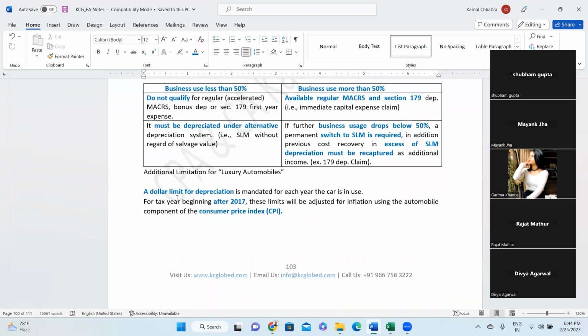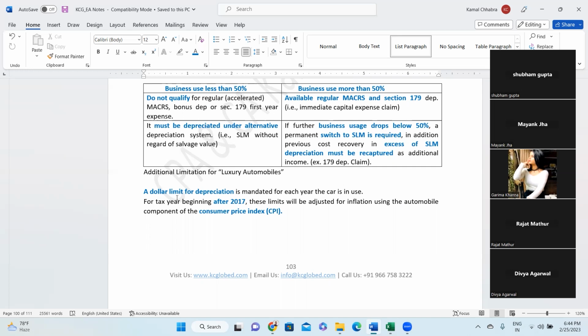Second thing is, it must be depreciated under the alternative depreciation system, which is your straight line depreciation method. If you are using the automobile for more than 50% for business purpose, then you can use MACRS, and section 179 depreciation is also allowed.